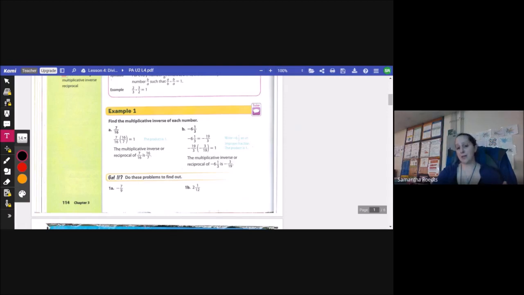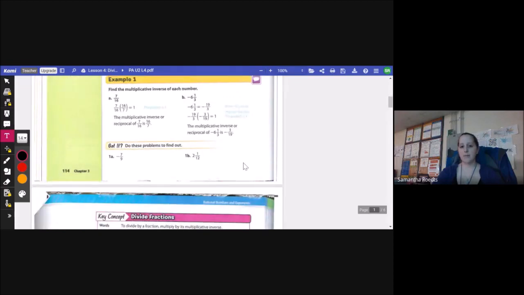I have to remember that negative sign when I do my multiplicative inverse or reciprocal, because a negative times a negative is a positive. So -19/3 times -3/19 equals 1. Okay, so the multiplicative inverse or reciprocal of -6 1/3 is -3/19.